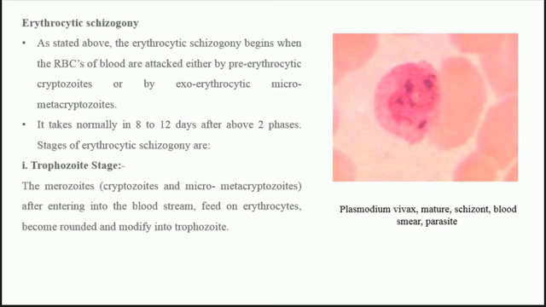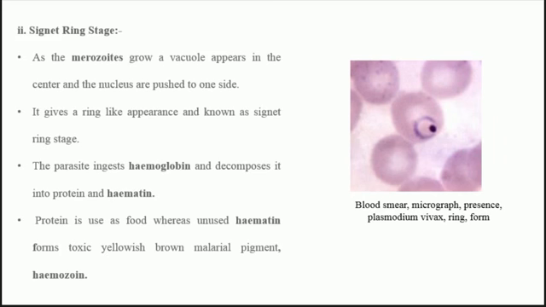We have already seen the trophozoite structure: the nucleus, mitochondria, and different organelles are present. Once this conversion takes place, the second stage is the signet ring stage.